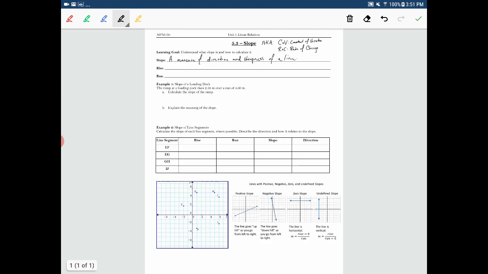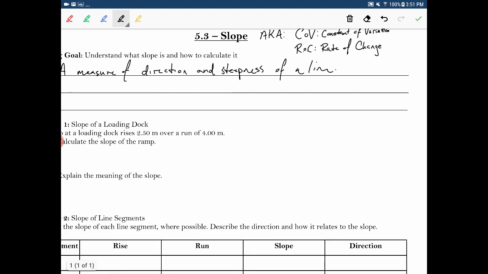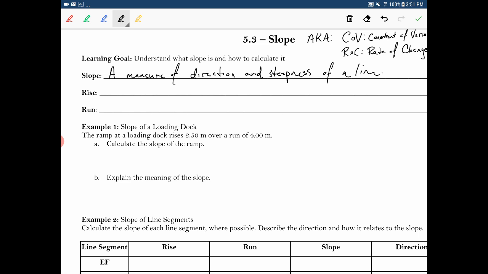All right. So I know what you're thinking. So first of all, we need to know two things in order to calculate the slope. We need to know what's called the rise and what's called the run.